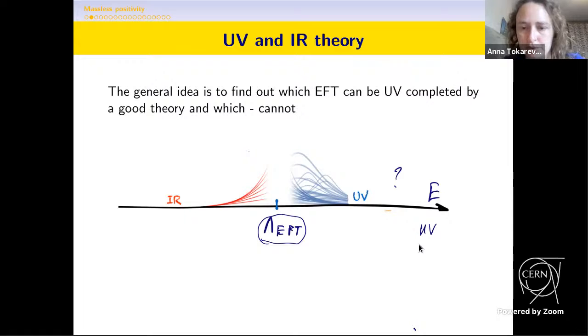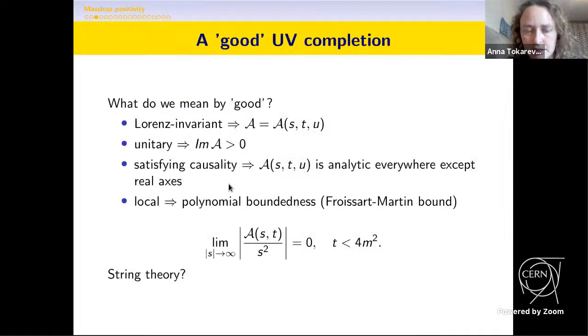Normally, we don't know what the UV theory is, and there are just few examples where a UV theory can be constructed up to infinite energies. It can be done for renormalizable theories, but since we have gravity, we meet problems with making a theory which would be a UV completion for gravity. But we can extract a lot of information about the infrared theory. We can get a lot of constraints, assuming that the UV completion of the theory is good enough.